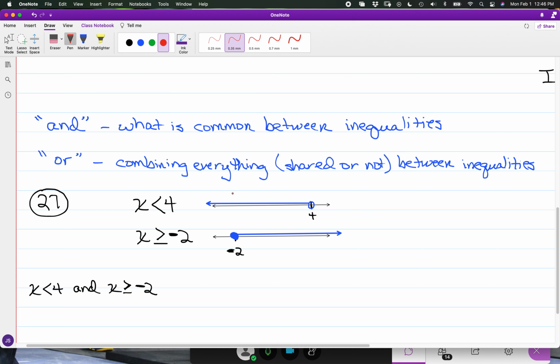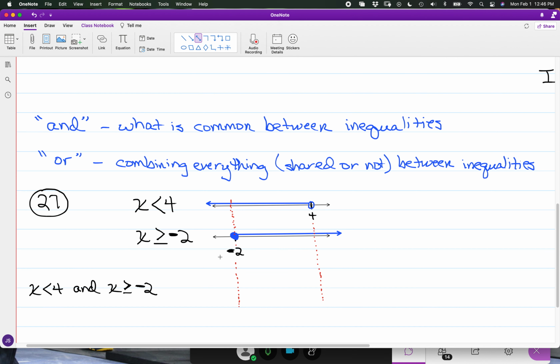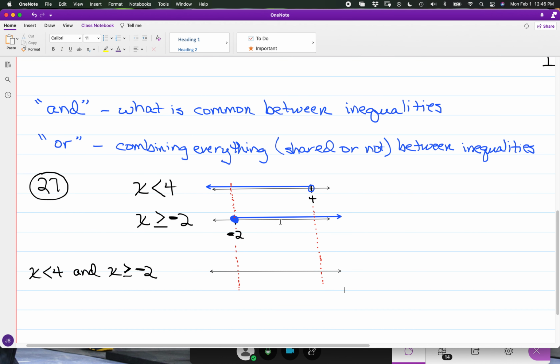Just looking at kind of like an intersection, so for what will be shared between the sets.